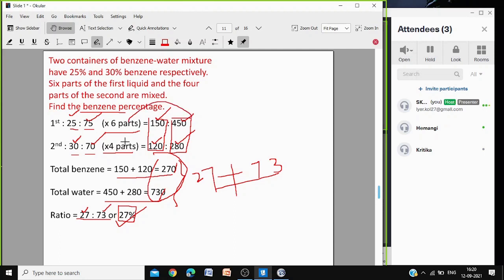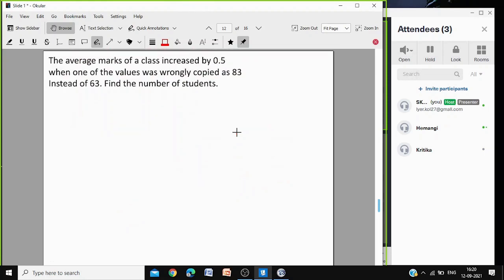For 4 parts, multiply both by 4 and add benzene plus benzene and water plus water. You get benzene 270, water 730, cancel the zeros, 27 and 73. Because the total is 100, you can directly say 27% is benzene. Got it, Betty? Okay? Yes, sir.